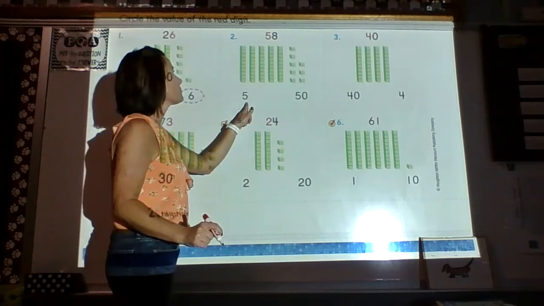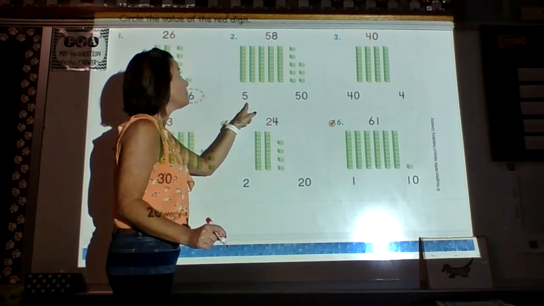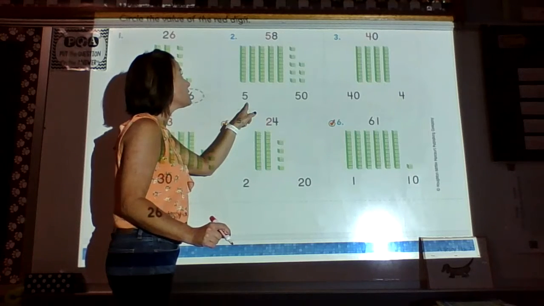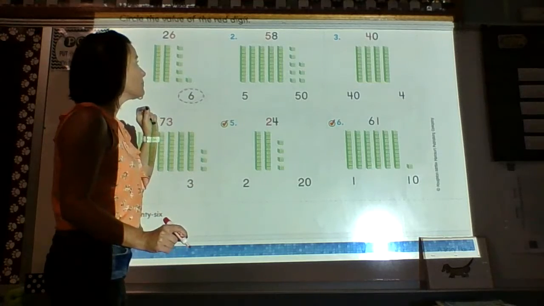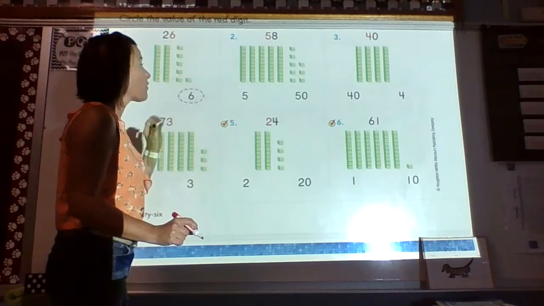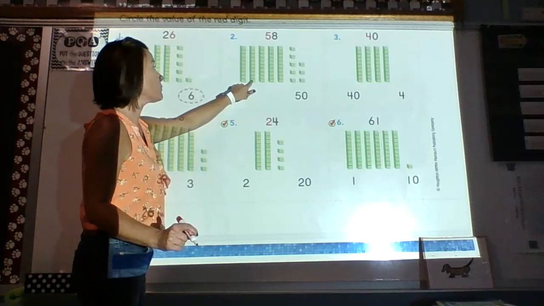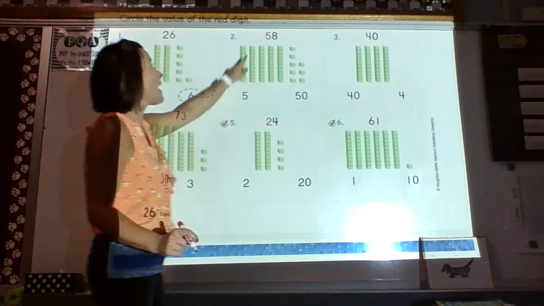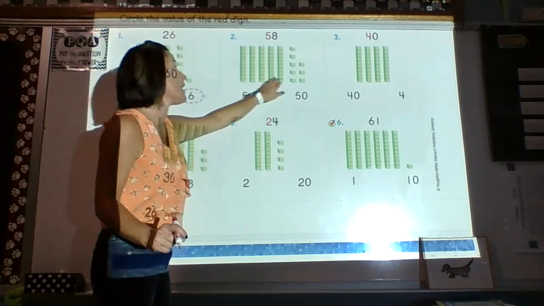Number 2, identify the number. The number is 58. The 5 is what they want us to pick out the place value. Is it 5 tens or 5 singles? Well, look. Rod, rod, rod, rod, rod. We know that's groups of 10. So that 5 is not 5 singles.